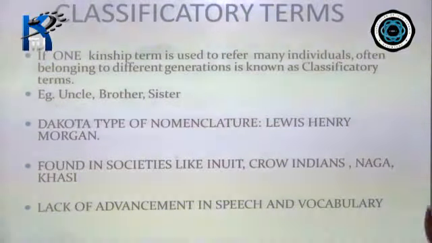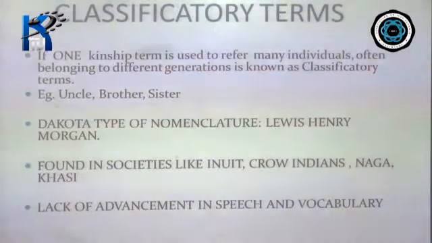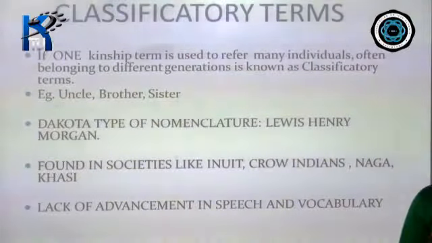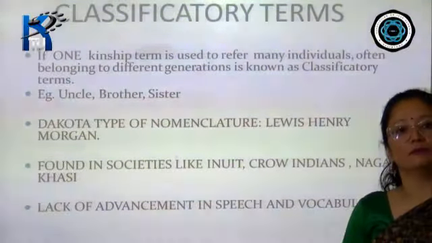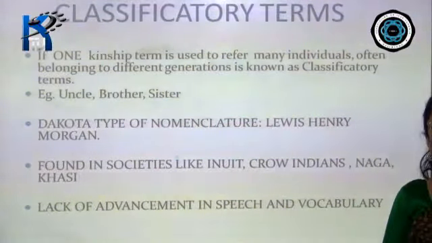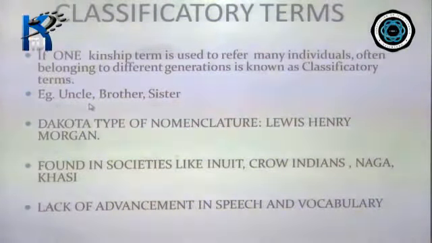Many individuals could mean individuals belonging to different generations: grandfather, uncle, brother, great-grandfather, they all belong to different generations. This system of using one term to address many individuals is known as a classificatory term.